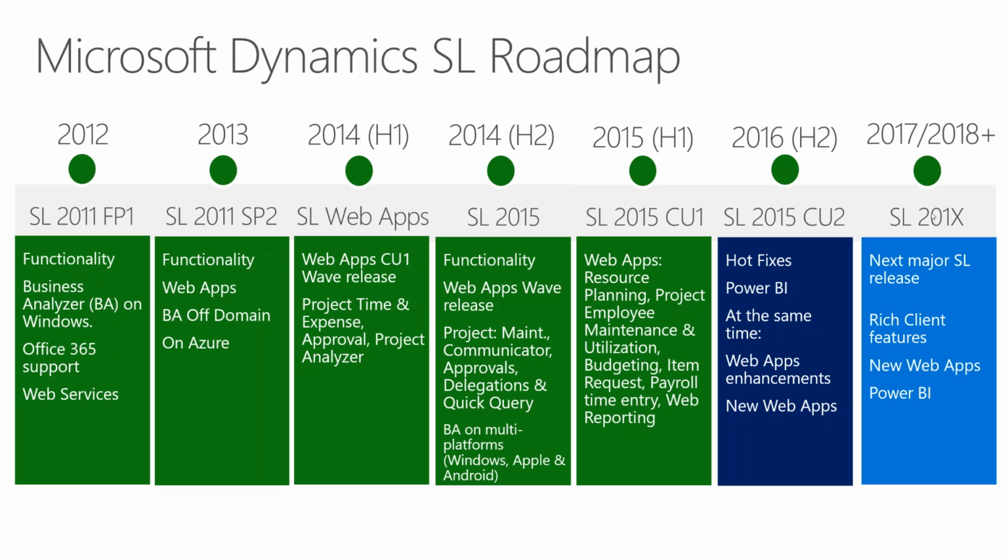You'll probably see webinars coming from me throughout the year, updating you on some of the great new items. Also, make sure you're going out to the customer source, because we'll update information there as well. But as far as the next major release for the Rich Client, which we're used to, with the major release of 2015, again, the next one will be in the 2018 timeframe, so that will allow us to display that information. So, got a lot going on.